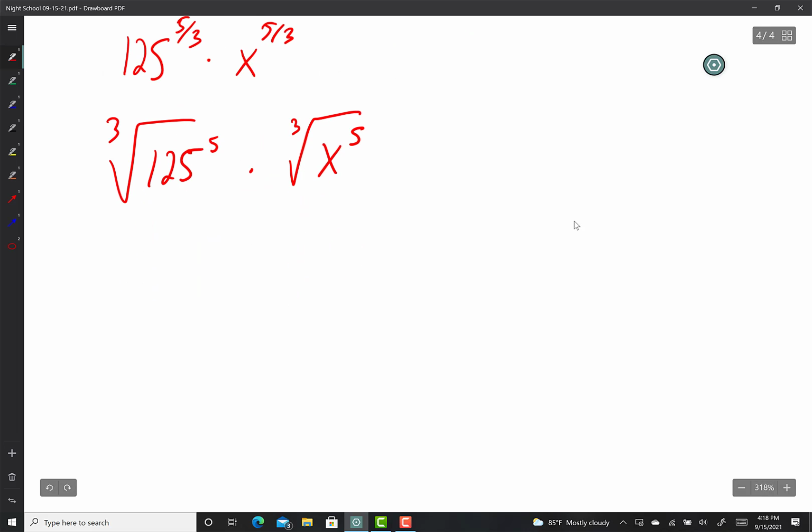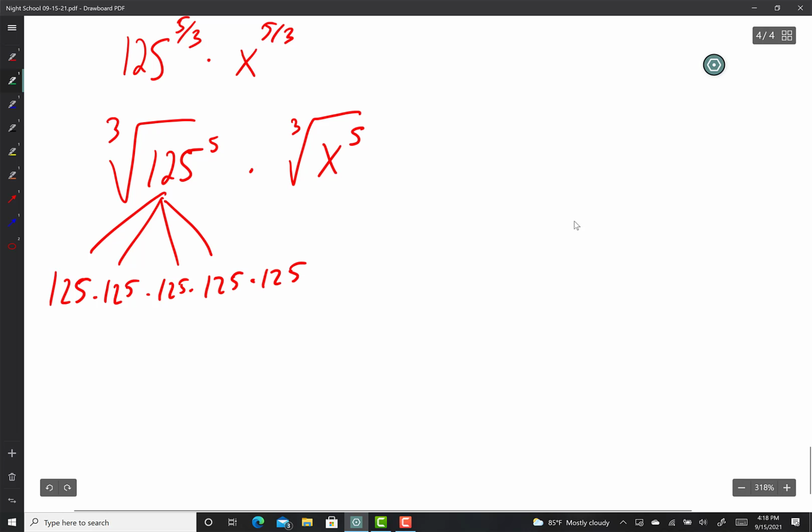All right, so that 5 means that I got 5 of these: 125 times 125 times 125, 1, 2, 3, 4, 5. We're going to take 3 of them. So I'm going to put 125 on the outside, and I still have 2 left.